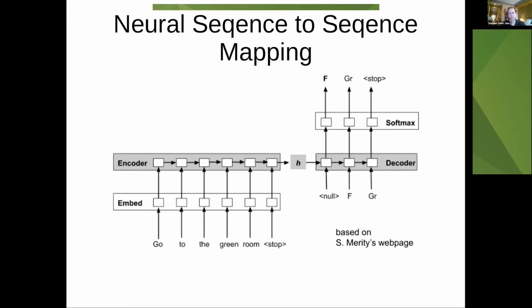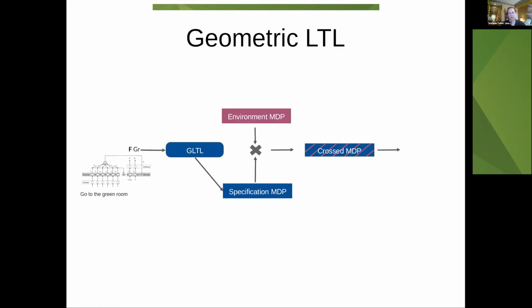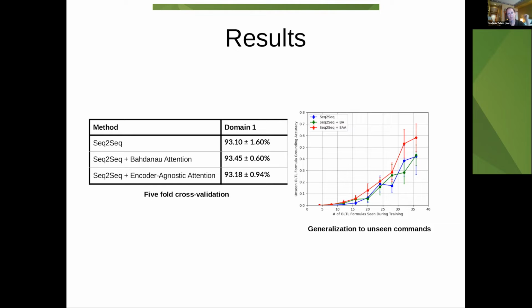And then we used a neural seq-to-seq model to learn to go from English sentences to LTL expressions. And then once you go from English to LTL, you can do this thing of converting the LTL to a finite state machine, and then combining it at high speed with the underlying environment MDP, and get an overall MDP that you can then solve to find a policy.